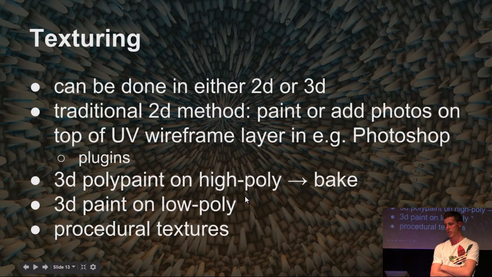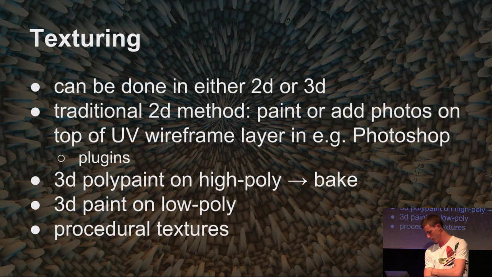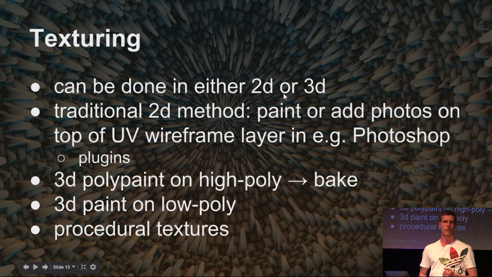And now we get to the actual final texturing and defining the colors and behavior of the surface. As said here, it can be done in either 2D or 3D. The textures are just normal image files, so any way you can get to a nice final result is fine. Before all the fancy 3D painting apps, people apparently did that using Photoshop.